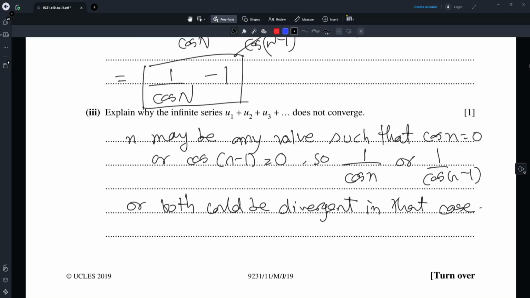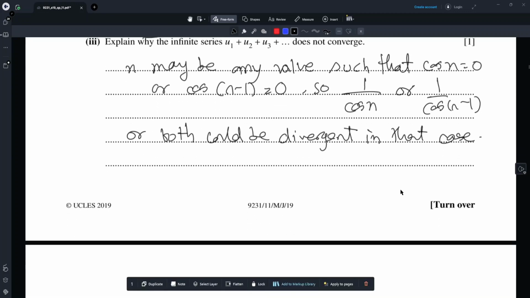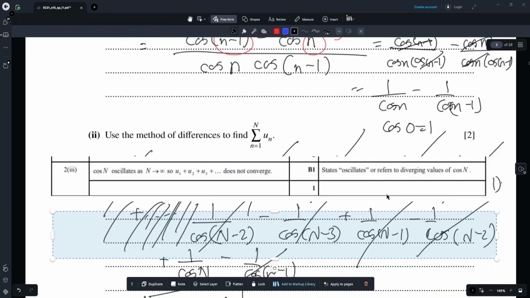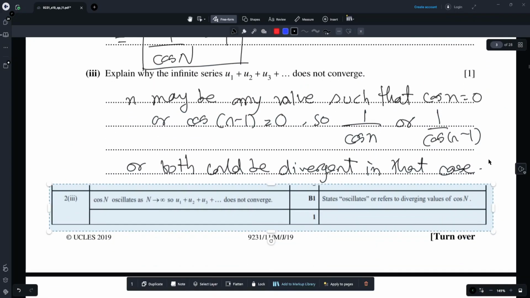Let's see what the mark scheme says about it. Question 2. Okay, now let me show you what the mark scheme says. I say the latter, but this is also a valid point.